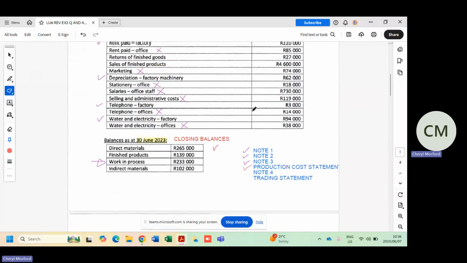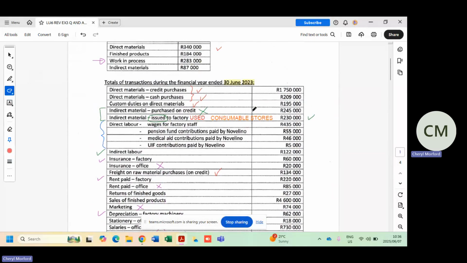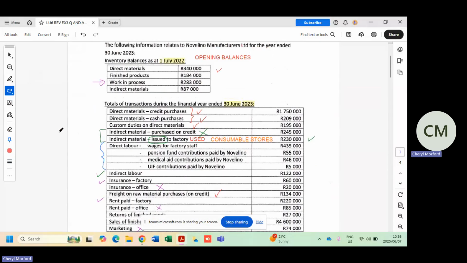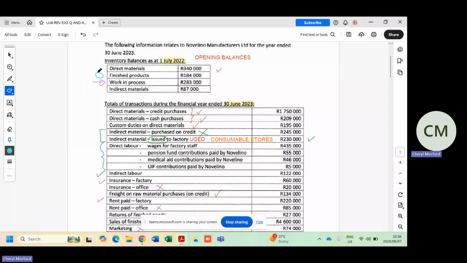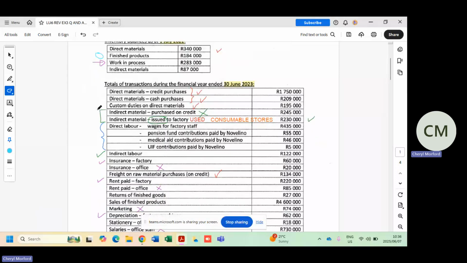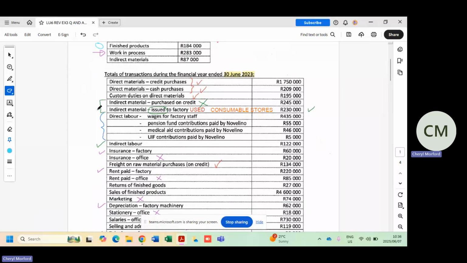So we're going to come and have a look to see if we can find any information to do with finished goods. So let's start at the top. Yes, here we go. We've got finished products with the blue circle at the beginning of the period. Anything else to do with them? Yes, we'll have some at the bottom.